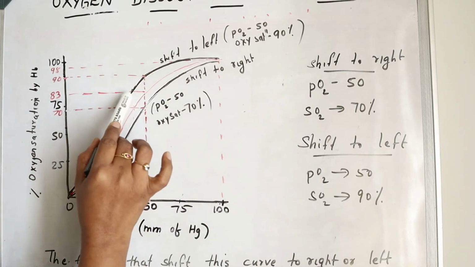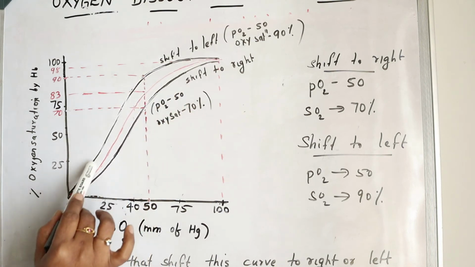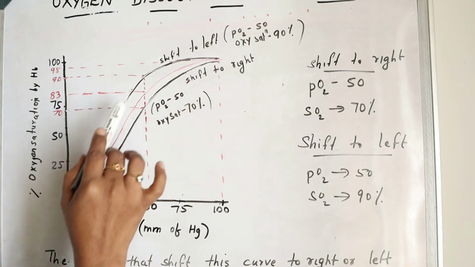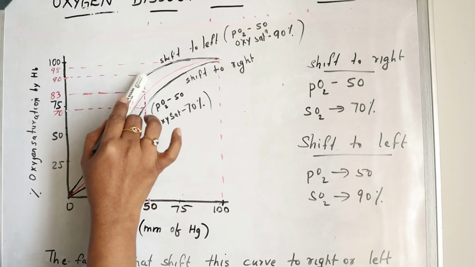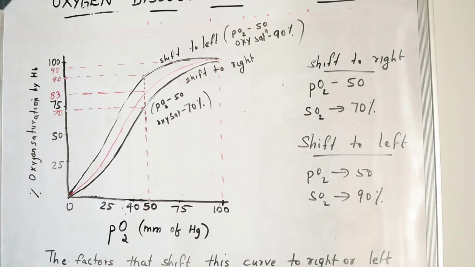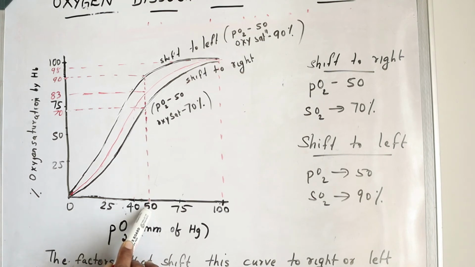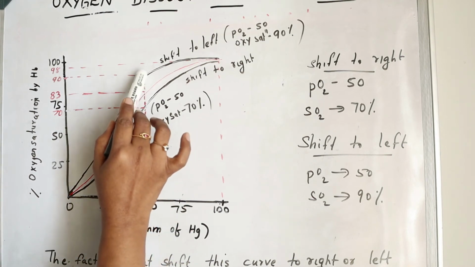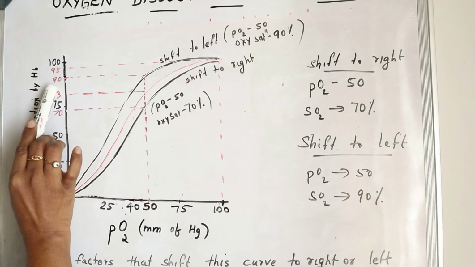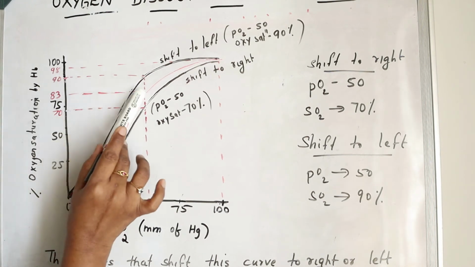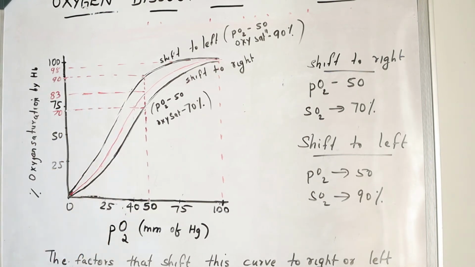And now when we have a look at the other curve, again it's also sigmoid shaped, but there we can see a shift towards the left side. Here also when we look at the partial pressure of oxygen at 50 millimeters of mercury, we can see the oxygen saturation is raised to 90%. Normal it is 83% at 50.